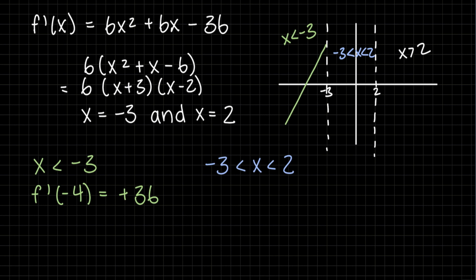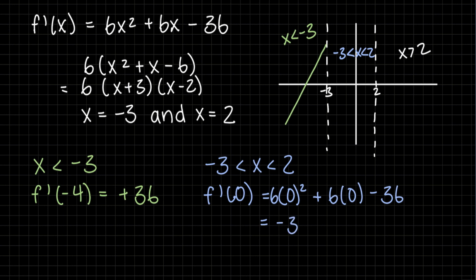So if I plug in 0 into f prime of x, I have 6 times 0 squared plus 6 times 0 minus 36. And so I'm just left with negative 36. So because this is a negative number, my tangent line is going to look like this. So let's draw that.